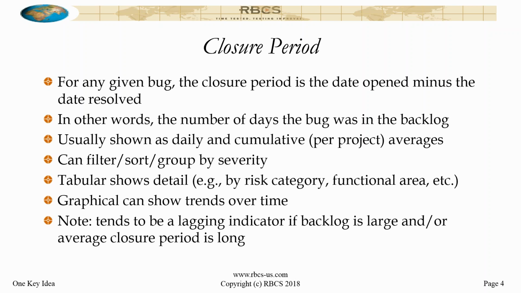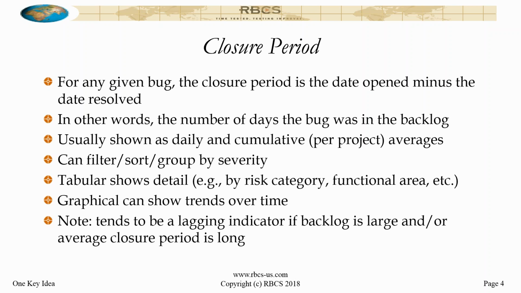So the closure period, for any given bug, is the date that the bug was open minus the date on which it was resolved. So it's basically the number of calendar days that the bug was sitting there in the backlog.